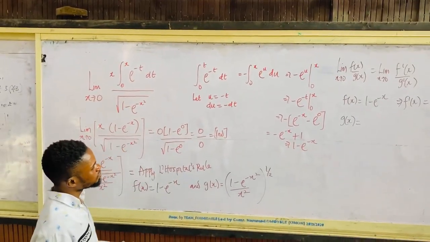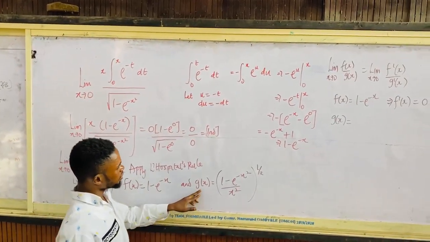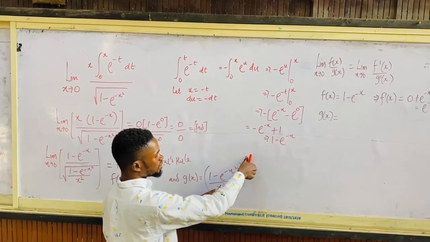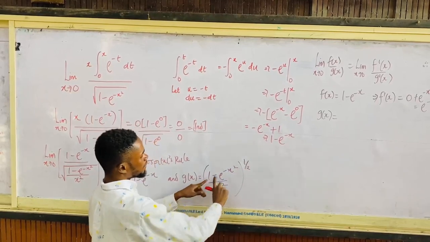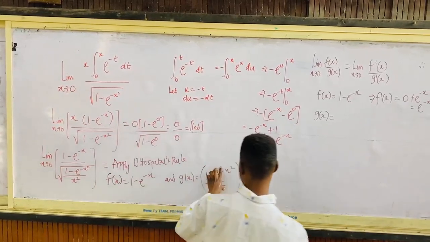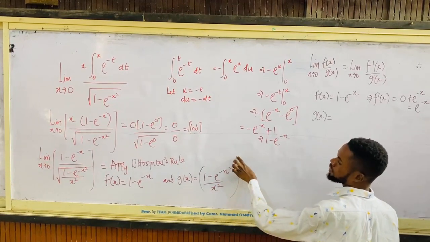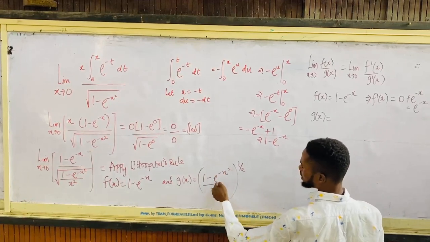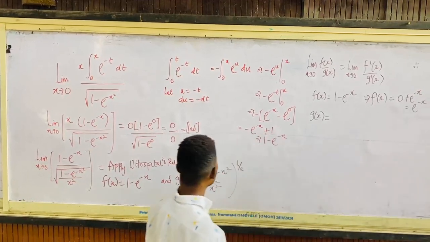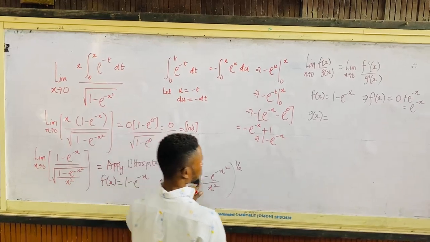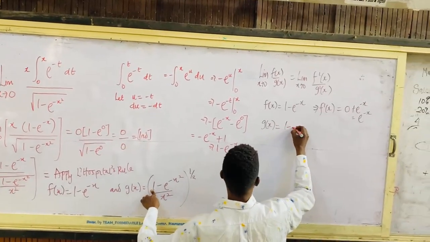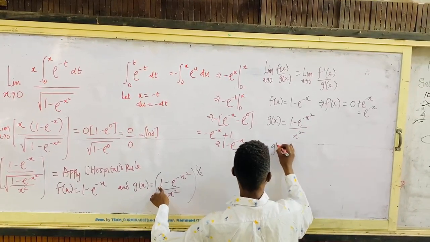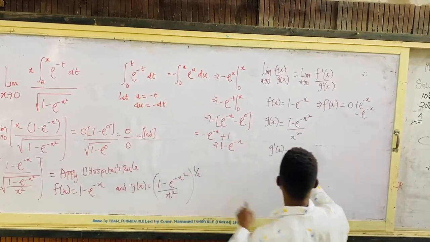If you want to apply L'Hopital to this one, you can take the limit of this function, then raise it to the power 1 over 2. So apply L'Hopital to this function and hold on to the square root. Just apply L'Hopital to 1 minus exponential minus x squared over x squared.